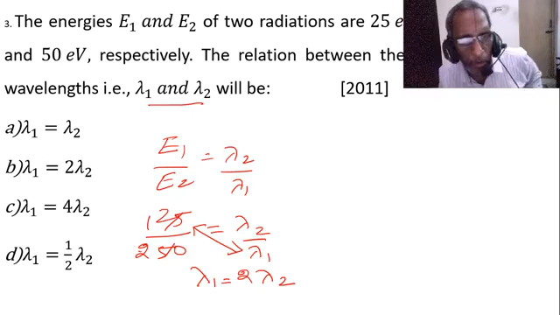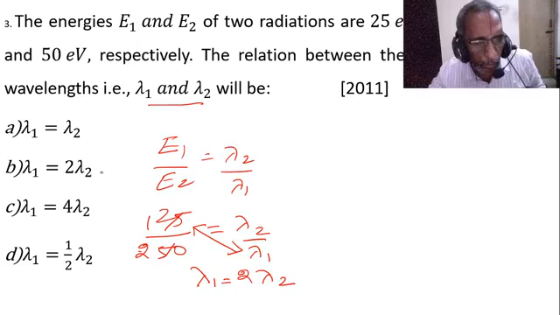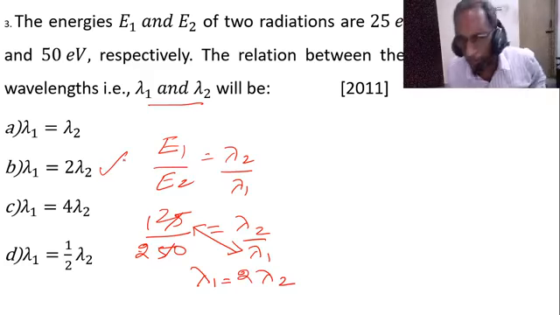We will see. So lambda 1 is equal to 2 lambda 2 is the second choice, the correct choice.